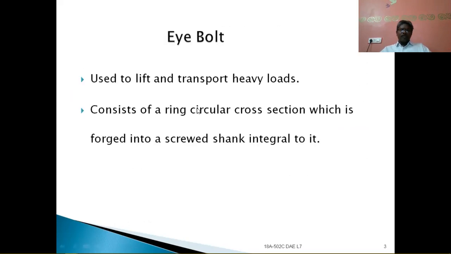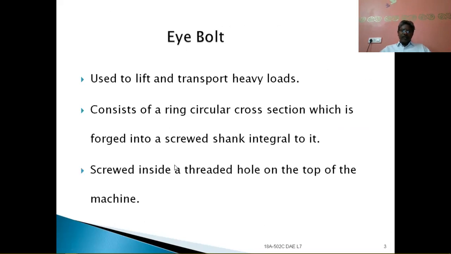An eye bolt is mainly used for lifting of loads, number one, and consists of a cross section which is forged into a screwed shank integral to it, and then screwed inside a threaded hole on the top of the machine.